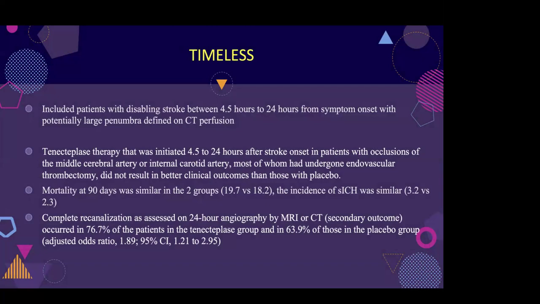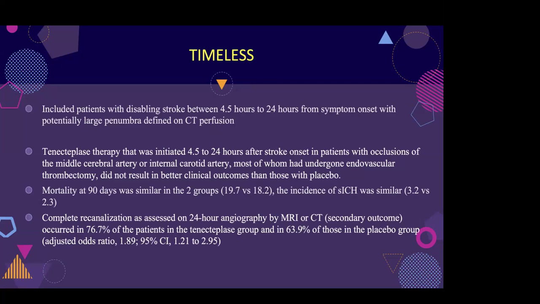The TNK was initiated 4.5 to 24 hours after onset with a known occlusion of the MCA or ICA, and most of these patients would undergo thrombectomy. Overall, they did not see better outcomes with TNK compared to placebo. Mortality at 90 days was also similar in the two groups, 19.7 versus 18.2, and the incidence of symptomatic ICH was also similar.